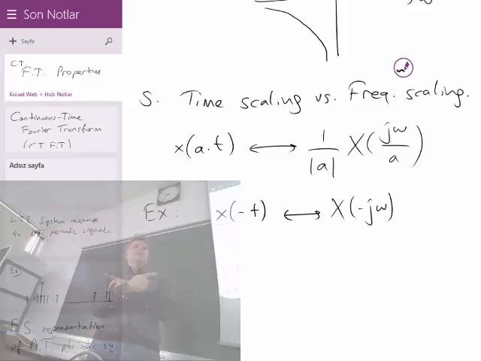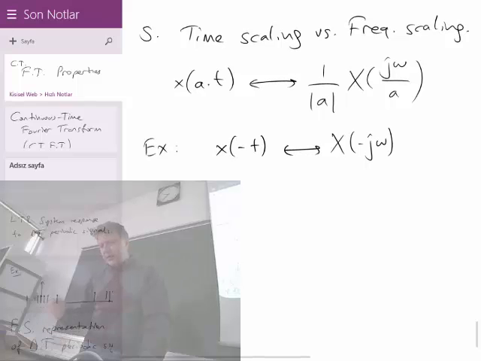So if you flip around the time signal, you also have to flip around the Fourier transform on the omega axis, on the frequency axis. The others, we already had some examples for the other cases.